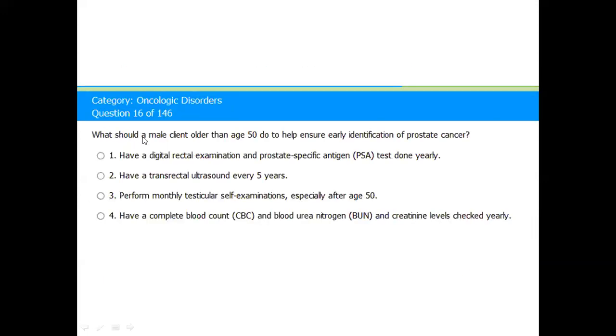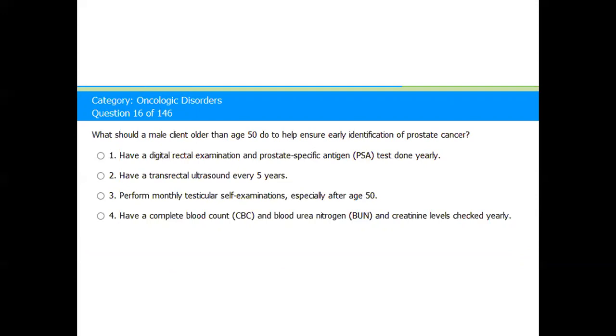What should the next question be? What should a client older than age 50 do to help ensure early identification of prostate cancer, right?